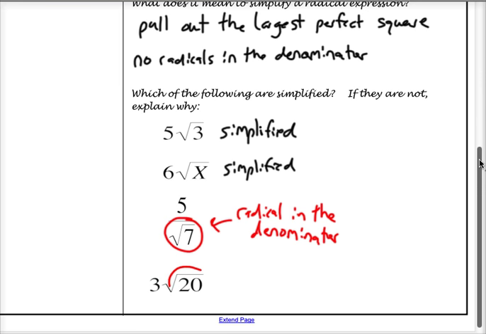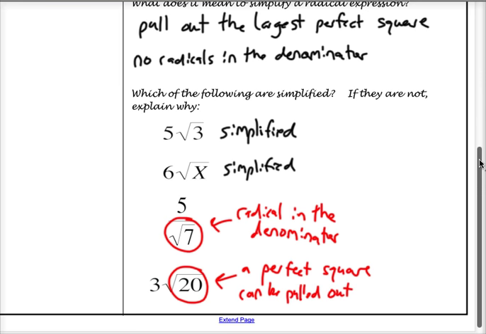Looking at that one, also not a simplified expression because a perfect square can be pulled out of the 20. So that would indicate to us that those two bottom expressions are not fully simplified.